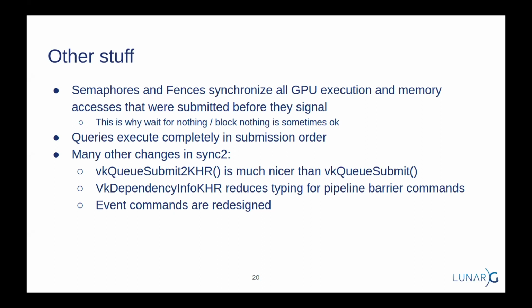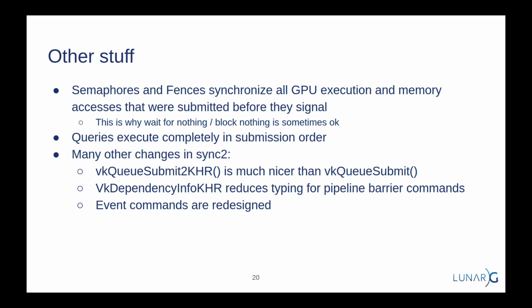And then events are redesigned and they're a little bit easier to use. And to emphasize something I said earlier, these three bullet points, you can convert over to them one at a time. So you could convert your queue submits and leave your barriers the same and leave your events the same. Or you could convert your pipeline barrier commands and leave everything else the same.